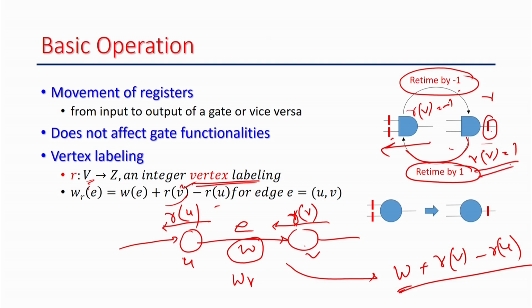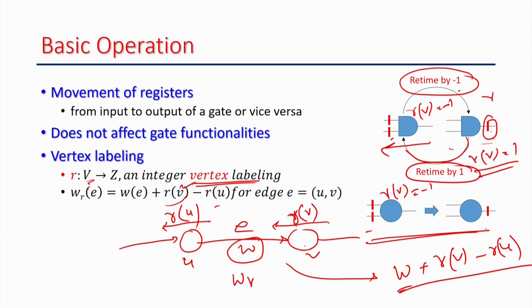If the R v value is 1, then one register from the output has moved to the input, right. So for this case, R v equals -1, because the number of registers moved from input to output is 1.